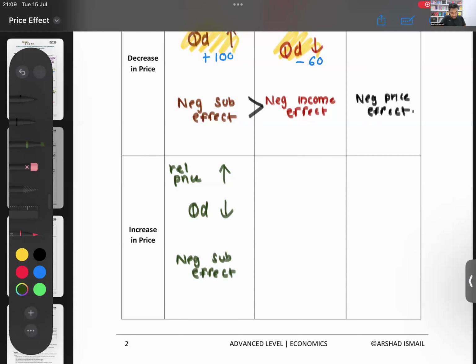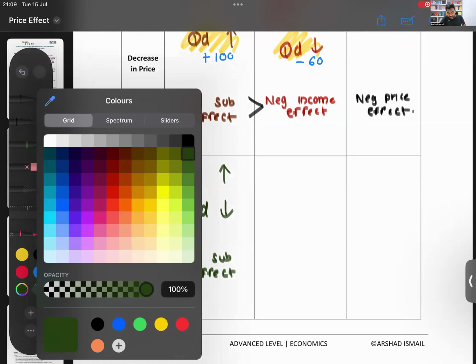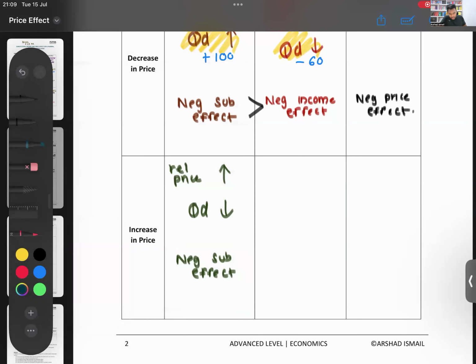Now we'll go into the income effect. When the prices of Astra increase, what will happen to consumers' real income, or in other words, purchasing power? Now Astra is very expensive, so with your money, the amount of Astra you can buy would have come down, right? Real income comes down. Now this is where you think of inferior goods.